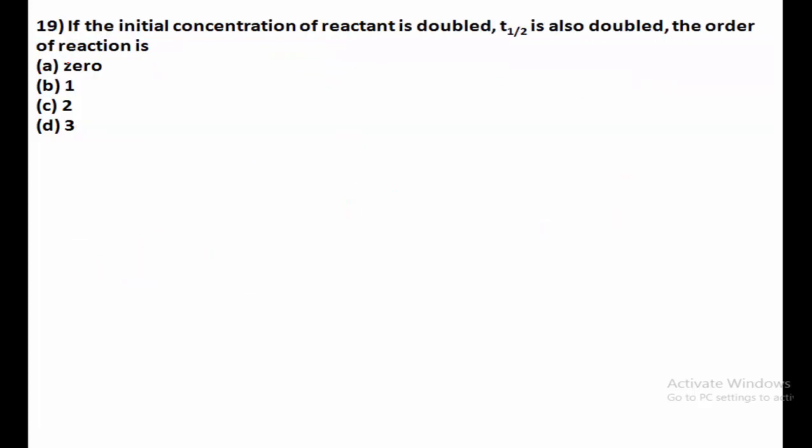19th question. If the initial concentration of reactant is doubled, T half is also doubled. The order of reaction is? Consider the T half value. T half is equal to R naught divided by 2K. This is the expression for the zero order reaction.